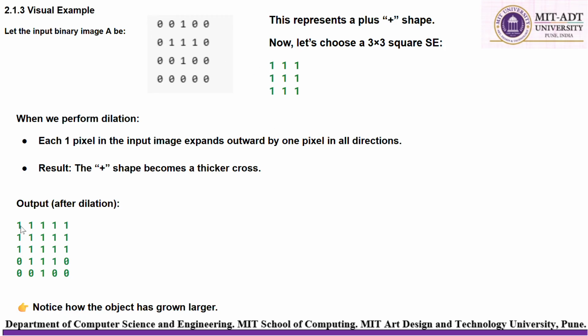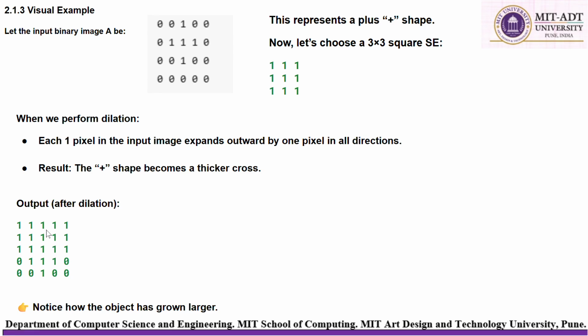So this 0 overlapped with 1, so it becomes 1. This 0 overlapped with 1, this becomes 1. This 1 overlapped with 1, this becomes 1, and so on. Everywhere I need to put it.